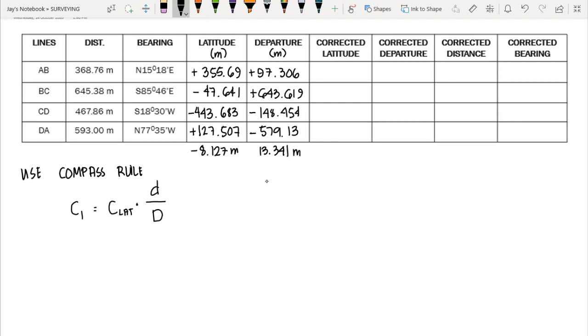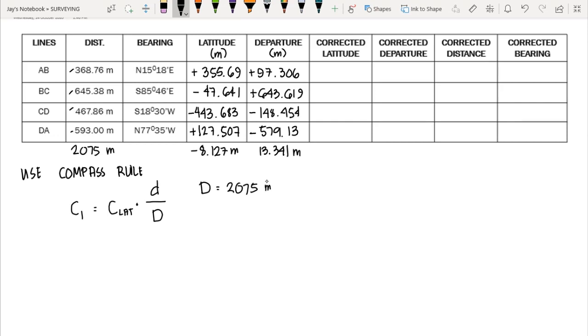To compute the total distance, we need to sum up the perimeter of our traverse: 368.76 plus 645.38 plus 467.86 plus 593 meters. So our total distance is 2,075 meters.